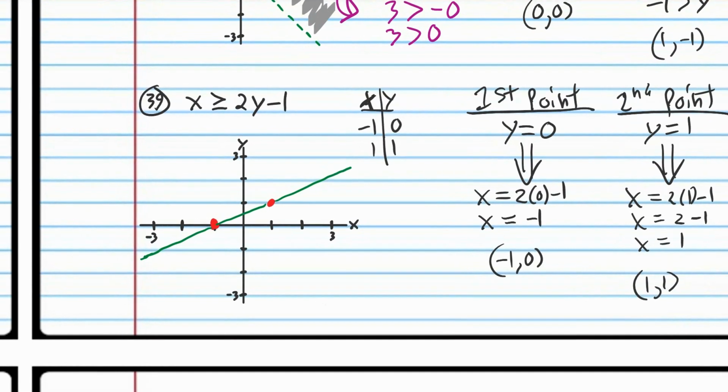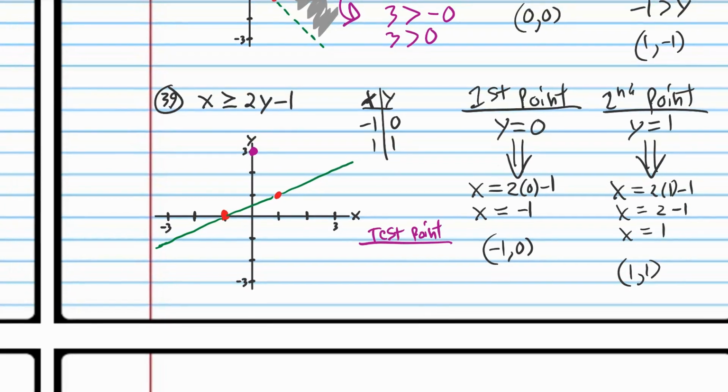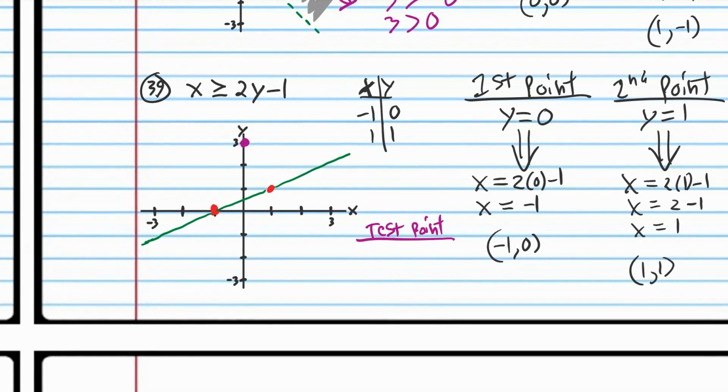So I'm going to choose all the way down here. Actually, I think I'll try this point. So test point. I should be titling those test point instead of check. Makes more sense. So now that point is 0, 3.